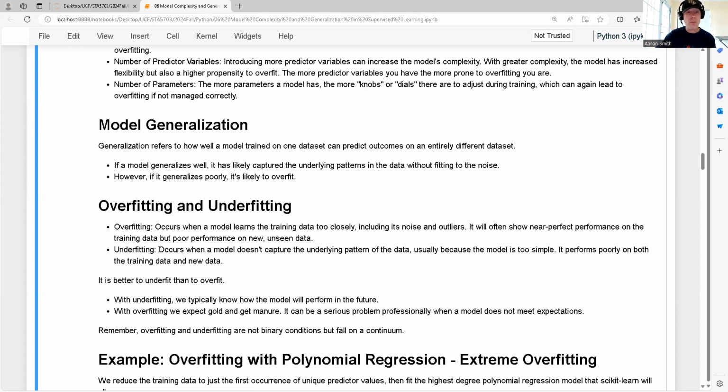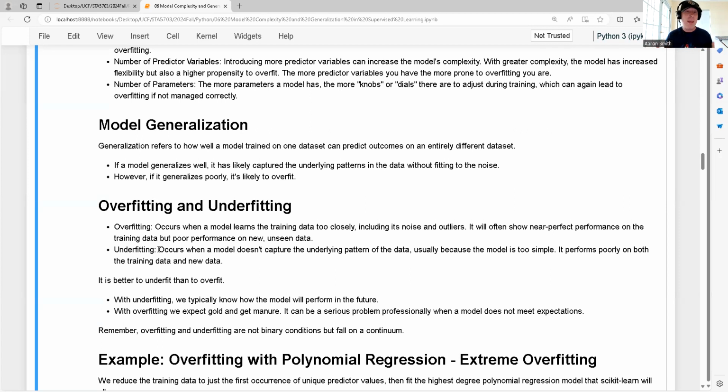Now, underfitting is when we don't pick up the full potential of our data. This isn't good either. We don't want to overfit, we don't want to underfit, but if I underfit, what usually happens is that how the model performed when I'm building my model is usually how it will perform when I actually put it into production.